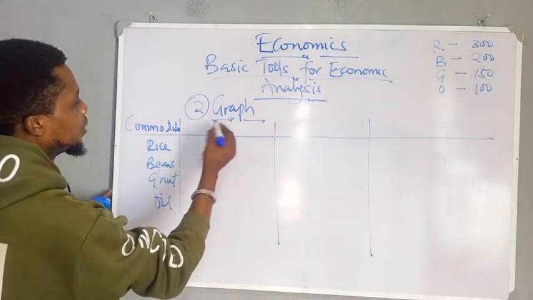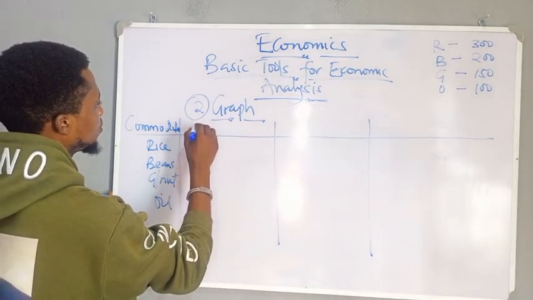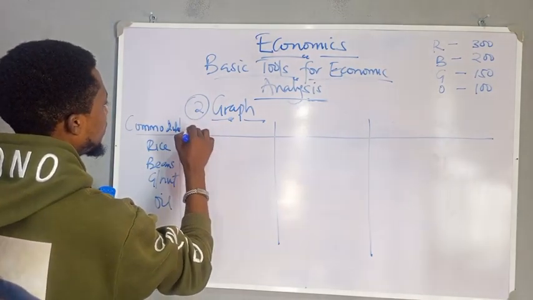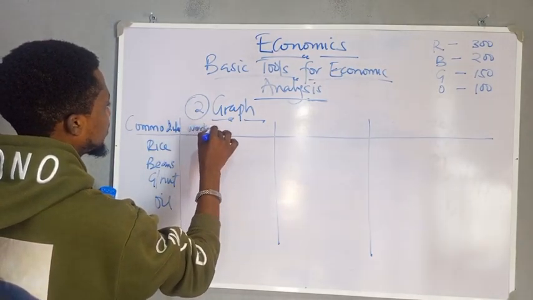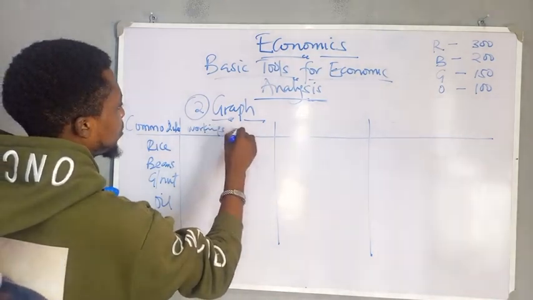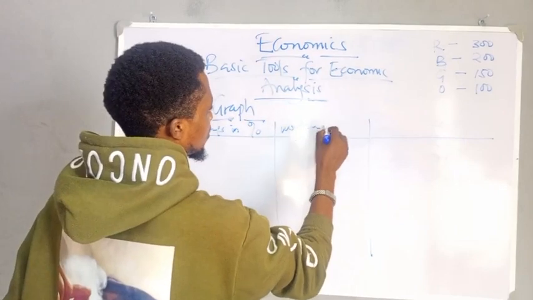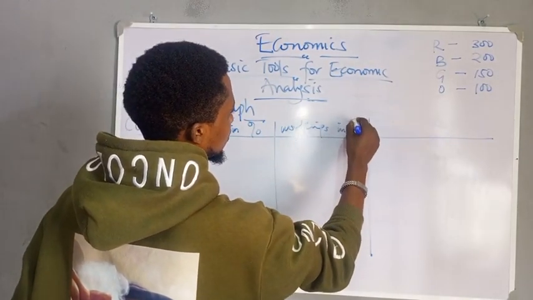Now for each, the value in million. Here we'll have the workings in percentage. Here we have the workings in degrees.